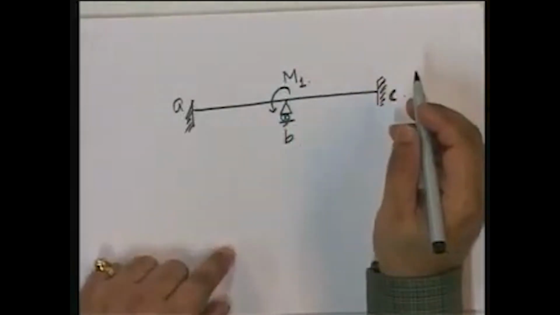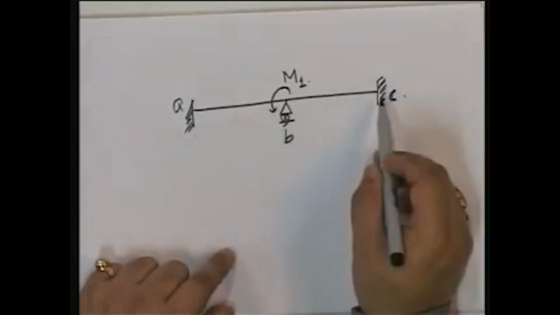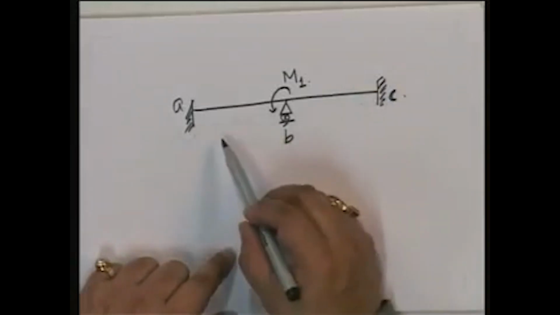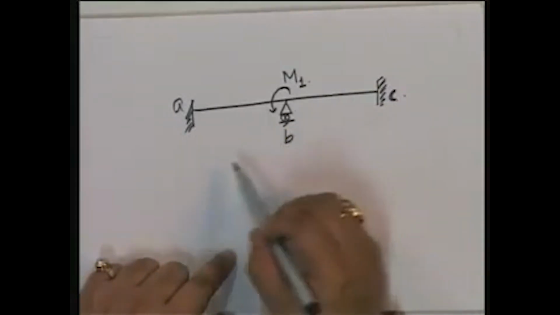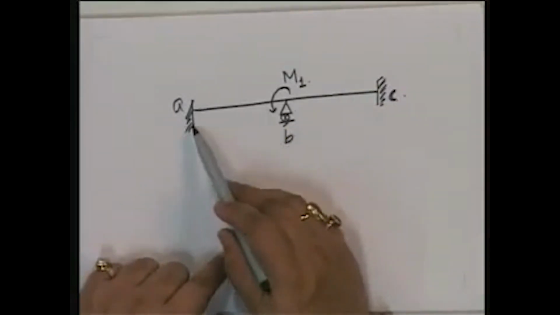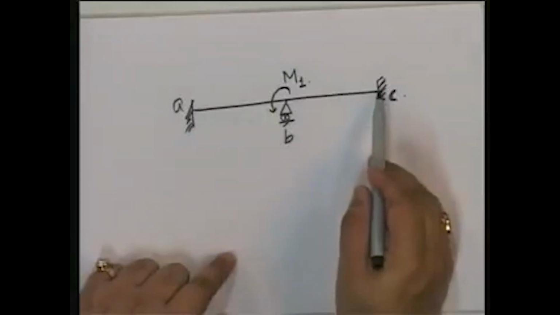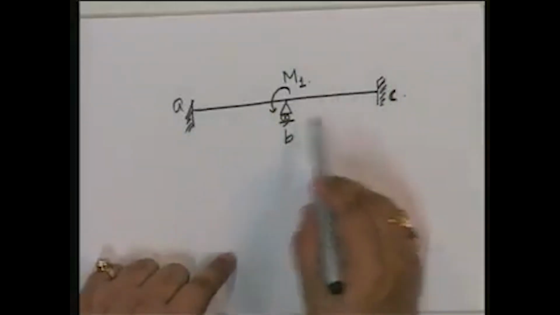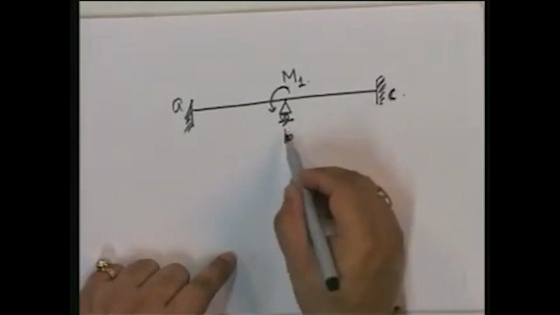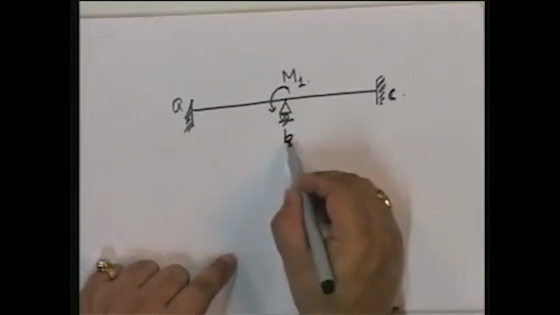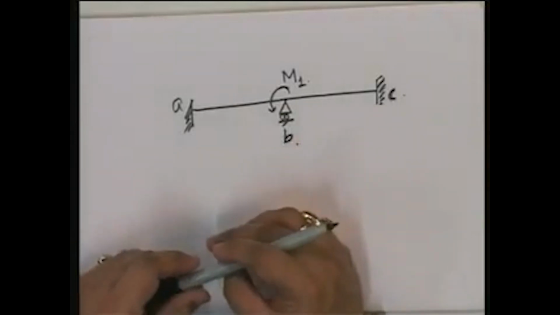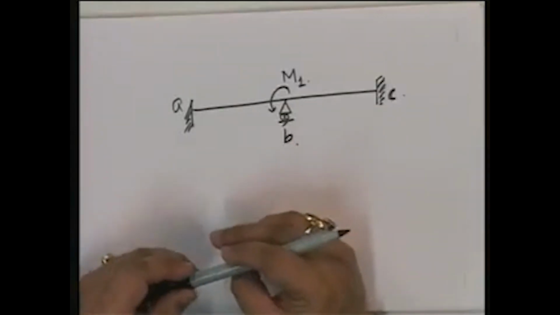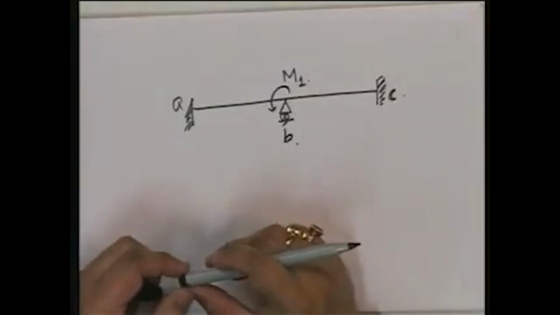And is this a statically indeterminate structure? Of course it is. What is the static indeterminacy of this? You have 1, 2, 3, 4. You will see that the static indeterminacy is 4 here. But in this application of the slope deflection equation, you do not worry about the static indeterminacy.